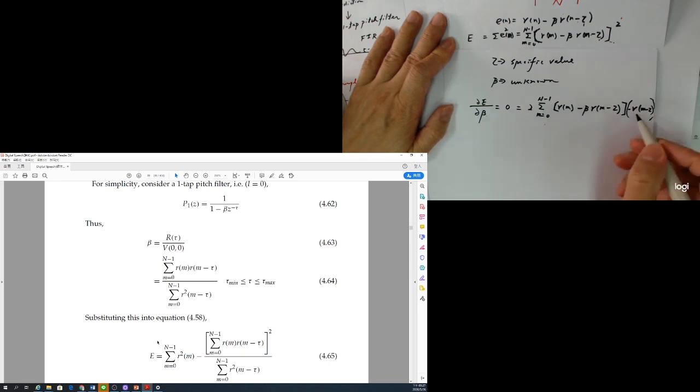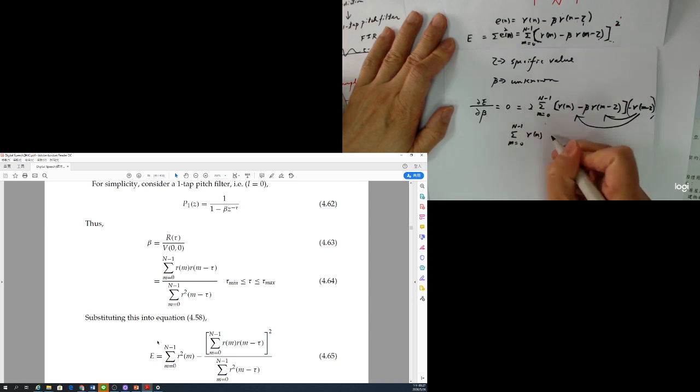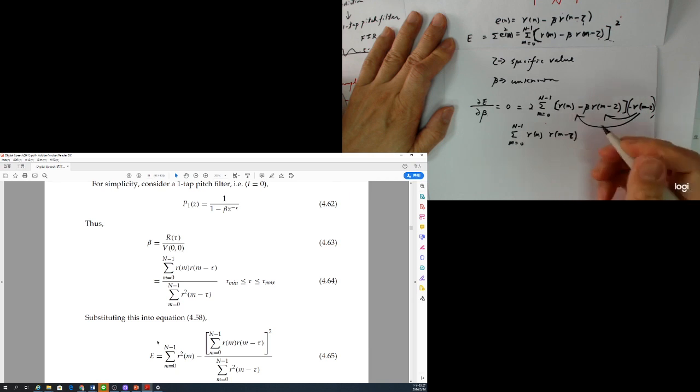You can see the summation, n equals 0 to n minus 1, of r of n multiplied by r of m minus tau. This one multiplies inside there, so minus becomes minus and plus.